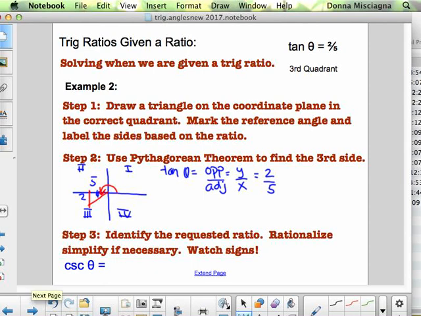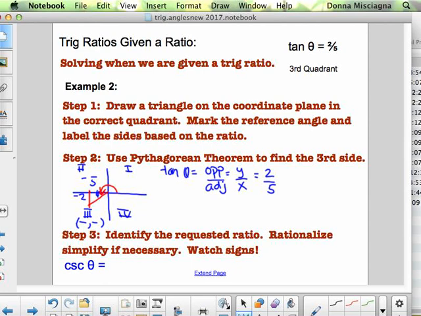Or is it? Because in this quadrant, both x and y are negative. So the negatives canceled. So both of these are negative. So you got to remember that x and y are negative in the third quadrant, and tangent is likely to have been reduced. And so the negatives were canceled out. You have to remember, oh wait, those are negative, and just put the negative back.